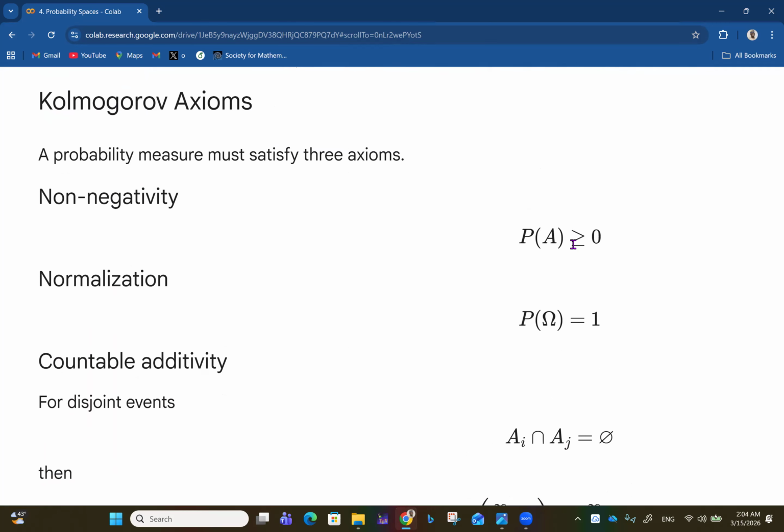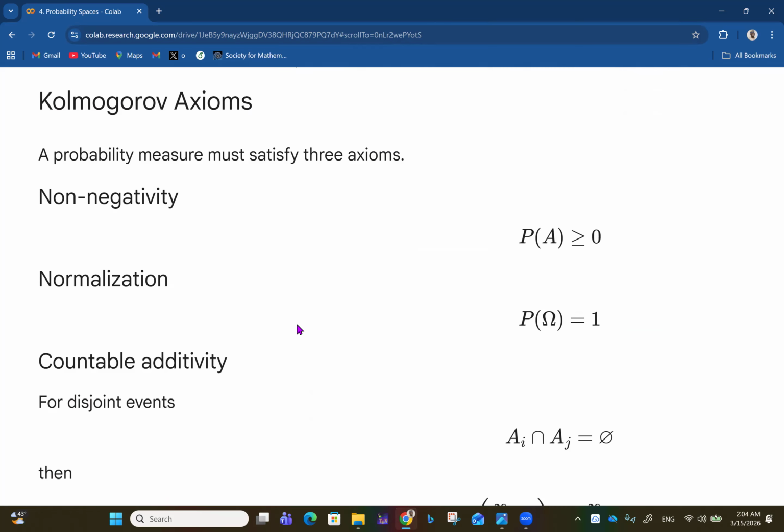So if you get any probability that is negative, or greater than 1, like 1.001 or 1.1, something is wrong somewhere for sure, and you want to check why you are getting that kind of result.